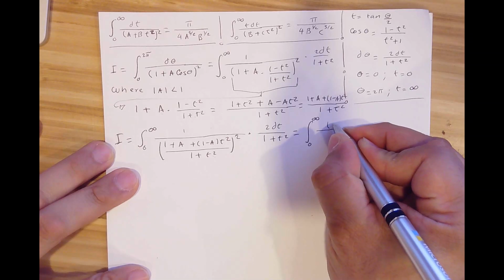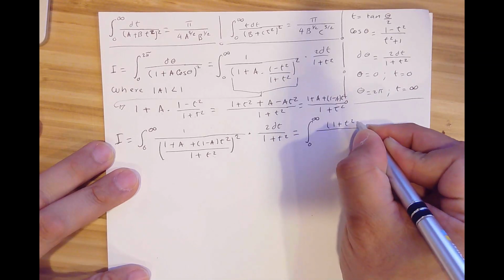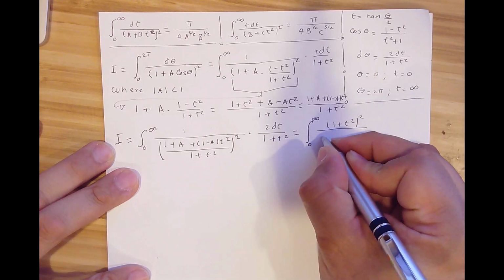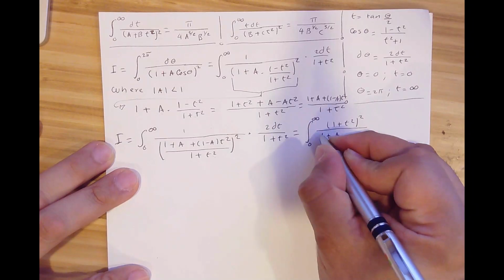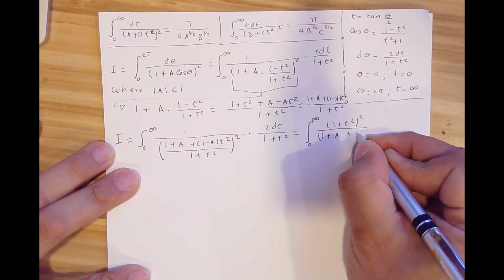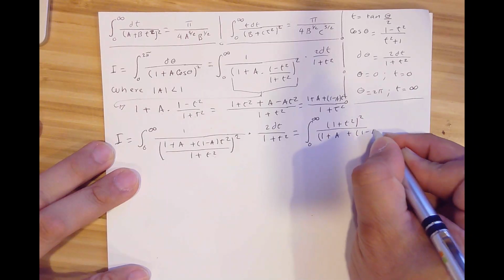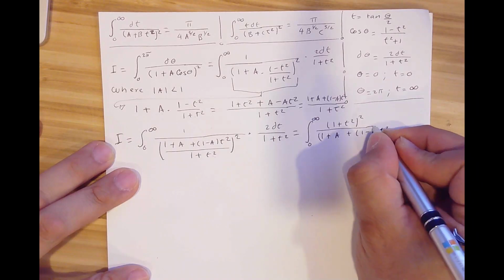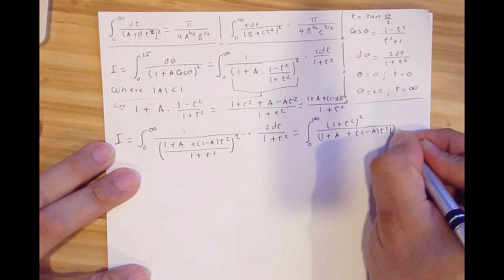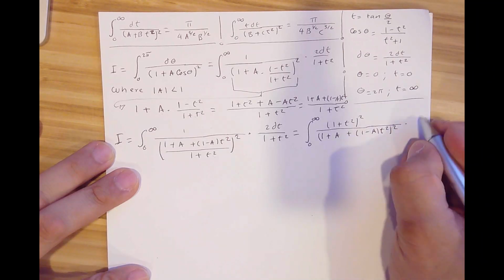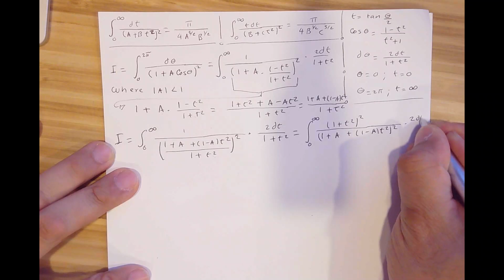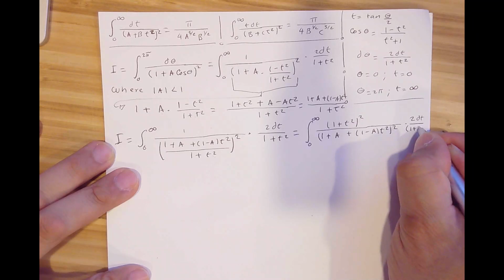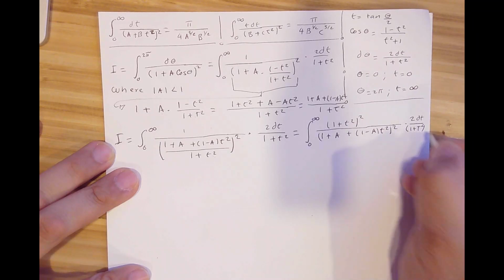We have 1 plus t squared over 1 plus a plus 1 minus a t squared, everything squared, multiplied by 2 derivative of t over 1 plus t squared, right?